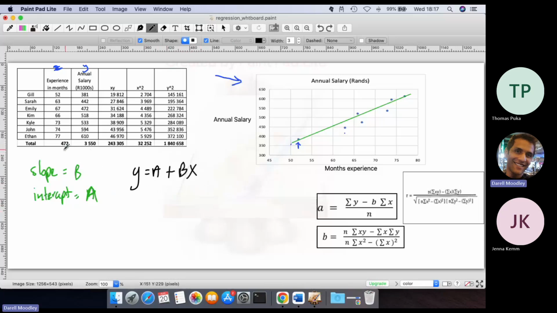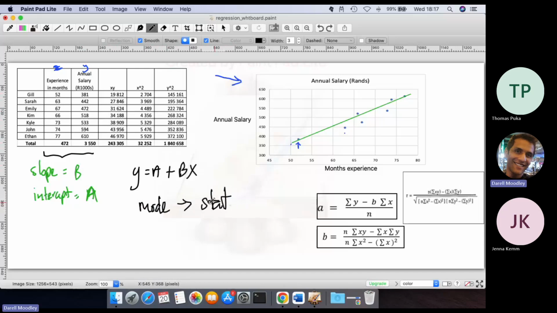All right. So remember, we are only given these two columns. So what I want you to do is get your calculator out, and we're going to use the regression function today. So with your calculator, after you switched it on, press mode, and then choose stat.